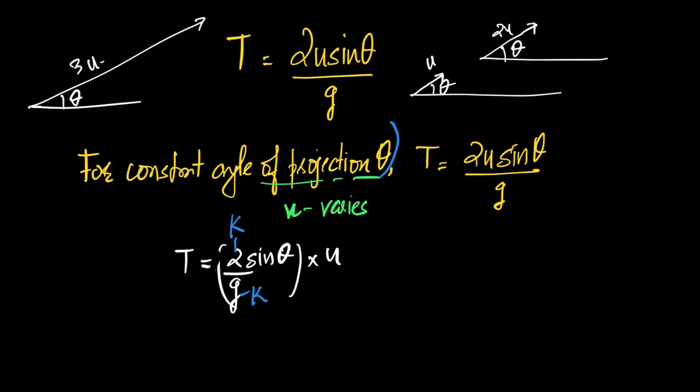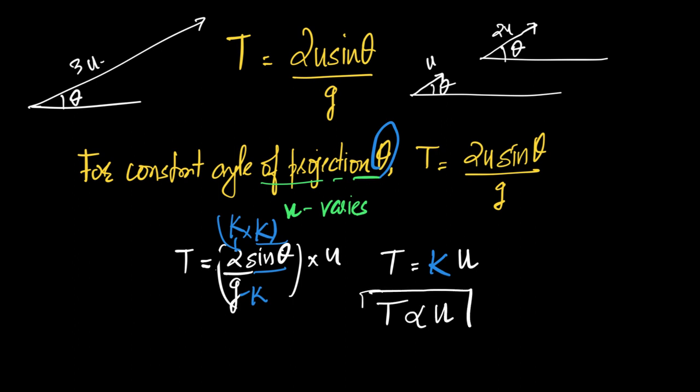If theta is a constant, sine theta will also be a constant. So we have t is equal to a constant into u, or in other words, t is equal to k into u, so t is proportional to u.